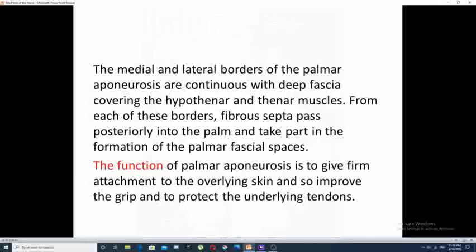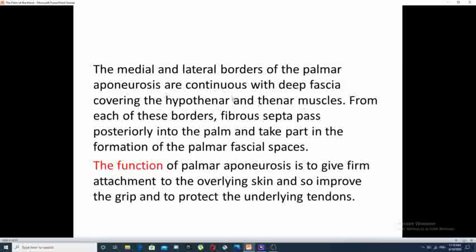Medial and lateral borders of the palmar aponeurosis are continuous with the deep fascia covering the hypothenar and thenar muscles.